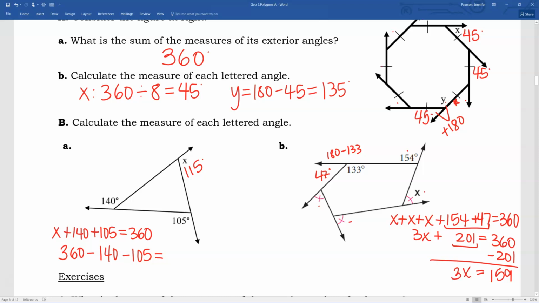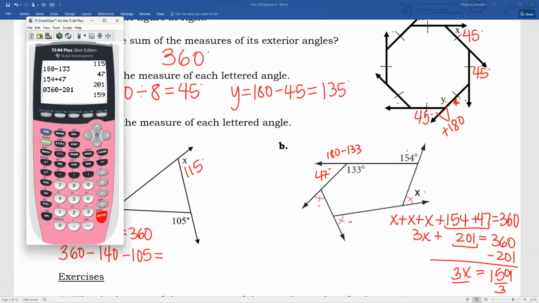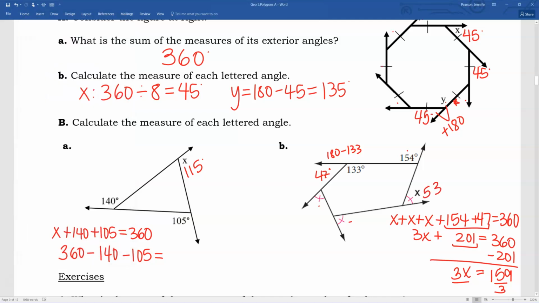Okay, so then I can divide the leftovers by 3. 159 divided by 3 will tell me how big each one of those angles is. And that means each of those angles has 53 degrees. So there's a 53 here and in each of those congruent blanks.